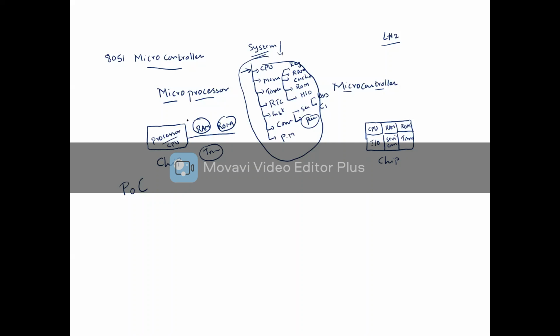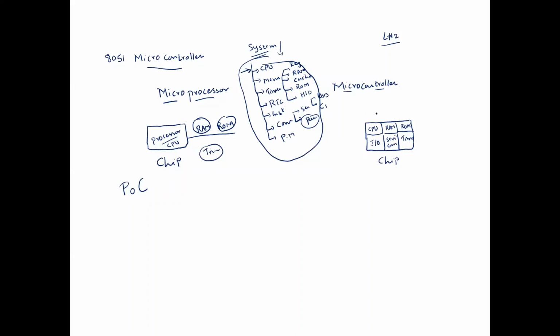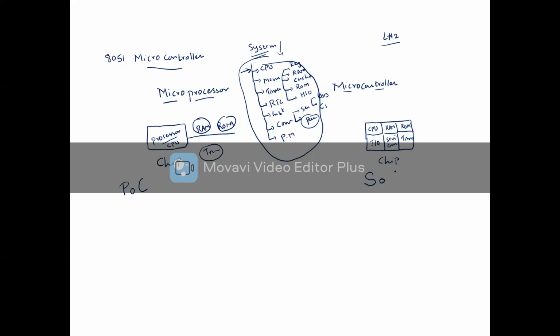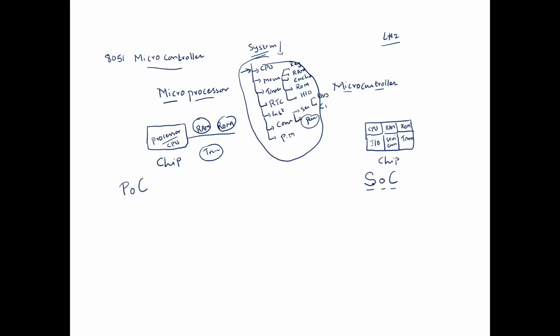This is what we call a microprocessor arrangement, and the other we call a microcontroller. In simple terms, I can define a microcontroller as an SoC, system on chip. This is one of the frequently used terms in the embedded systems market. So microcontrollers are system on chip.